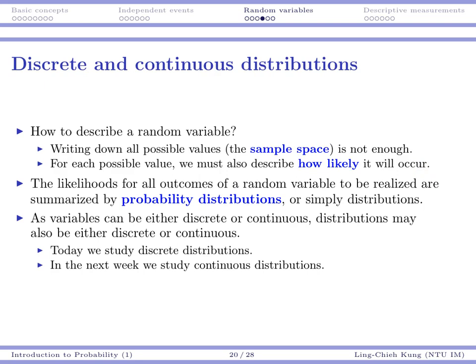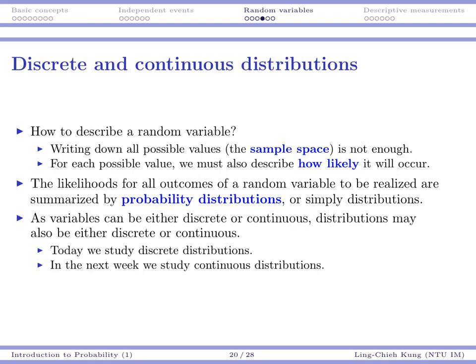Different values may have different likelihoods to occur, and that's something we need to describe if we want to make a precise description about our random variable. So, if we list all the possible values and how likely they will occur together, then we are providing a probability distribution of that random variable.